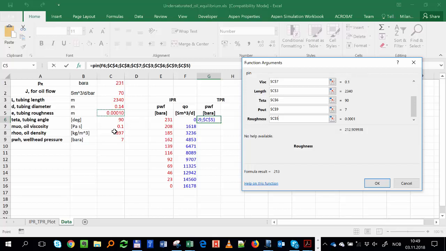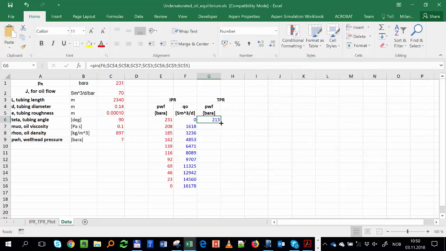And how many meters you have here? 2, 3, 40, okay, meters. So if you divide by 10, that gives you like 234 bar, only in hydrostatic. Of course, the density is not exactly 1,000, it's 897, so you get a bit less, 212. But it's a big pressure drop, just by the hydrostatic column, just by the density of the liquid.